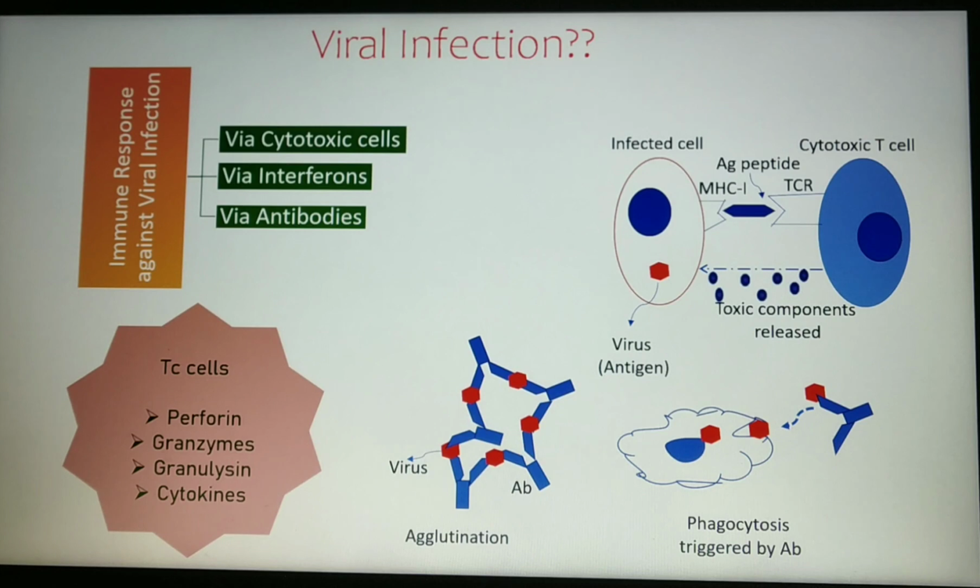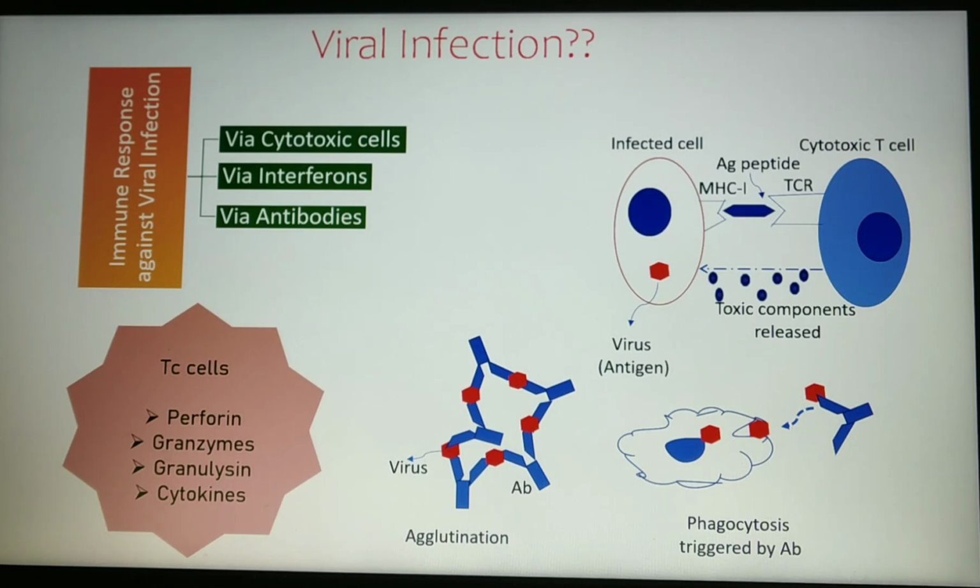On the other hand, granulysin will attack the outer surface of the infected cell and then it will lead to lysis of the cell. Cytotoxic cells will also release some cytokines such as interferon gamma and tumor necrosis factor alpha.